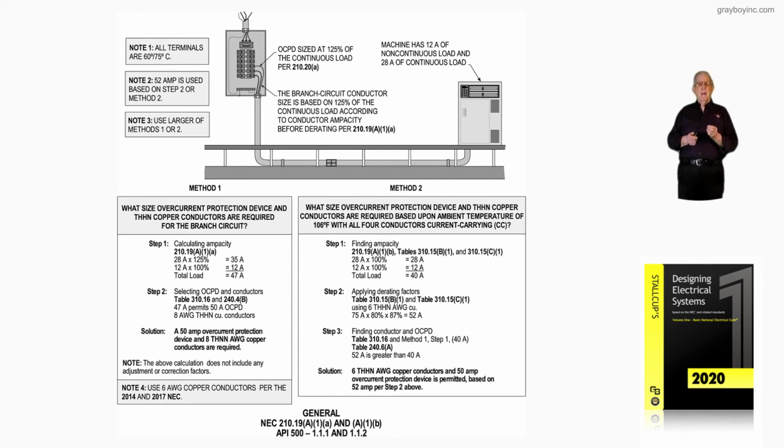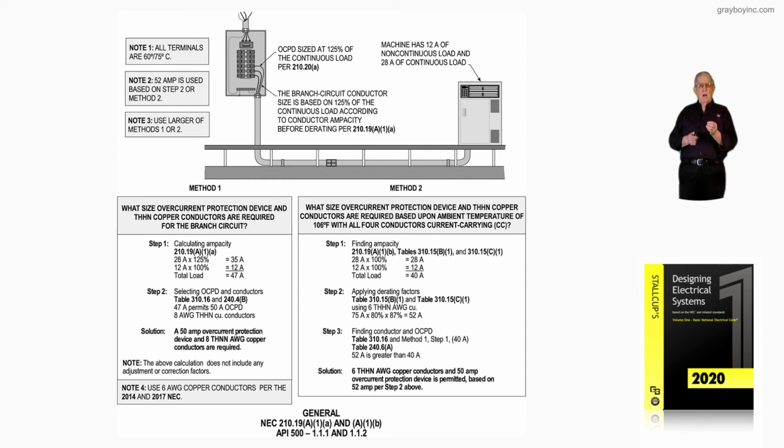Now we take note 3. Note 3, we apply table 310.15(B)(1) based upon the routing through 122 degrees Fahrenheit, and we come up with 82% for that conductor based upon the insulation of that conductor. We would select the 90-degree column, select the 82% for that temperature, do the math, 82% of 256, we come up with 209.9.